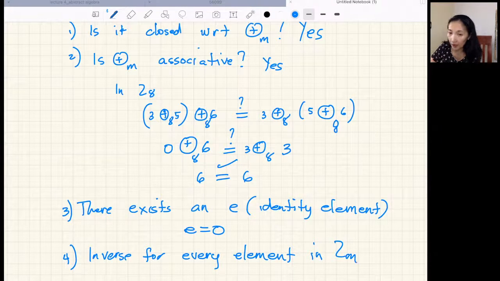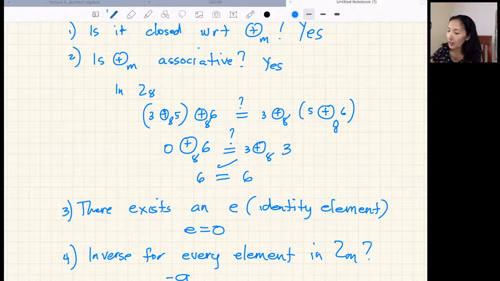Yes, and the inverse is negative of A. I'm not referring to the negative of A as a negative number, because remember when we speak about Z sub m, these are all positive, the remainders upon division by m.